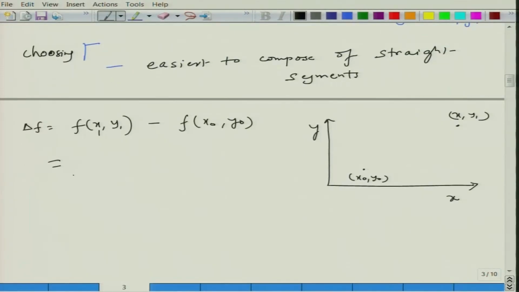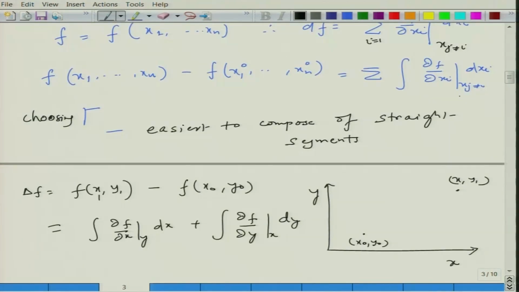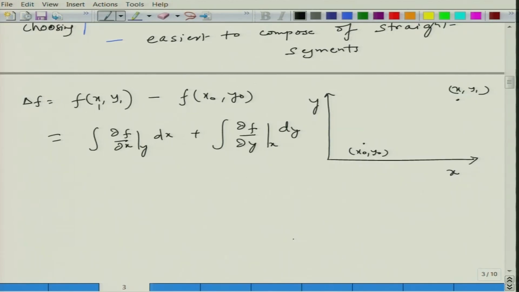So, I am going to write this as the integral of ∂f/∂x at y dx plus ∂f/∂y at x dy. So, that would be your summation of integrals of this, because there are two variables, hence there will be two terms like this. Okay. Now, here I can choose many paths.